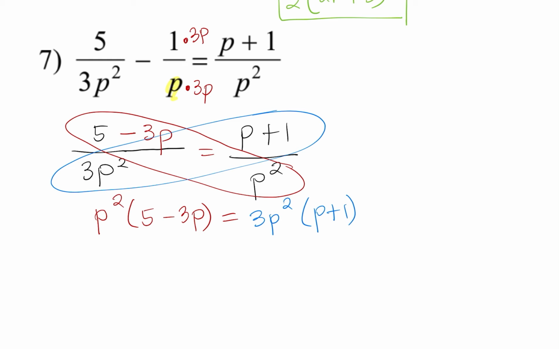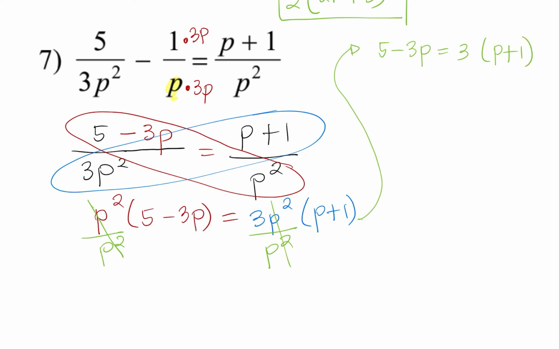Now notice that there's a p squared on both sides, so we can eliminate the p squared on both sides at this point. So we will be left with 5 minus 3p equals 3 quantity p plus 1.